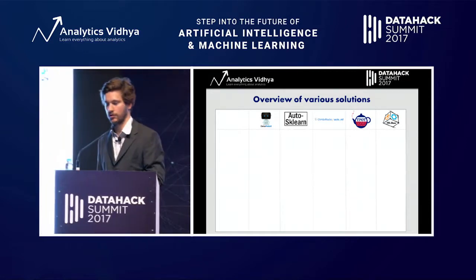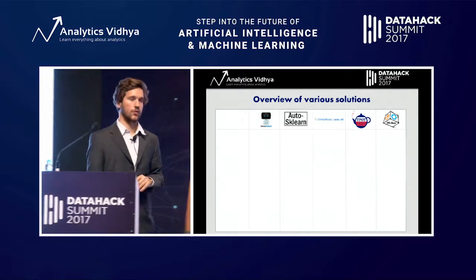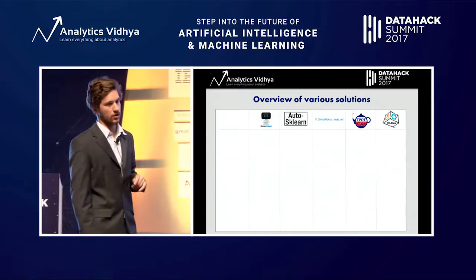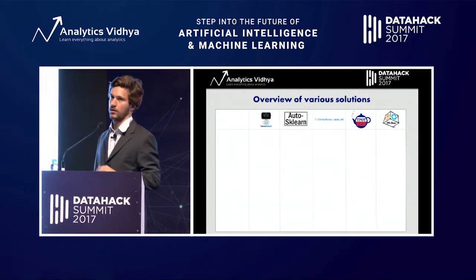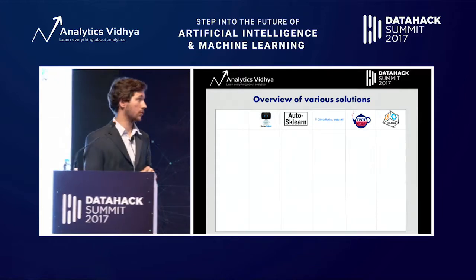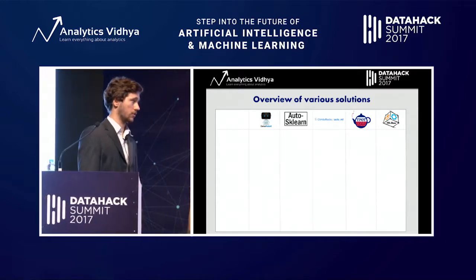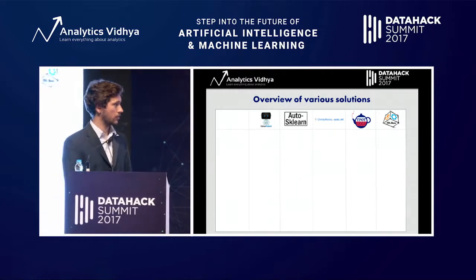So we will only focus on Data Robot. AutoScikit-learn is an open source package built on top of scikit-learn. The idea is to automate all the machine learning algorithms from scikit-learn. AutoML is also an open source package. TPOT is another one, and MLBox is also an automated tool.